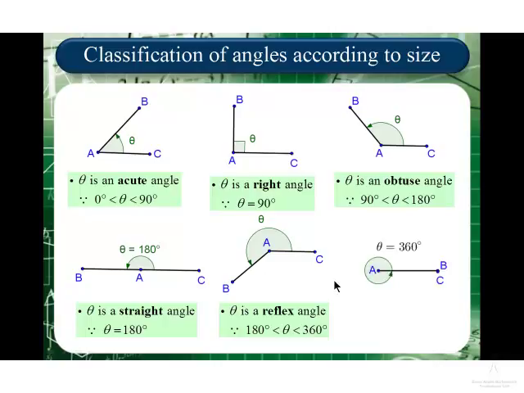And finally, we have the specific case of the angle with a size of 360 degrees, and in such a case, we refer to such an angle as a revolution. Theta equal to 360 degrees, one full cycle, or a revolution.